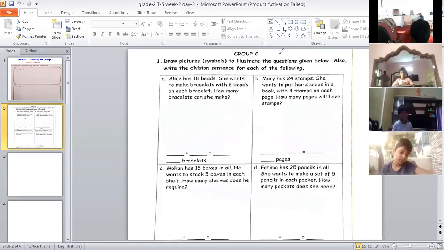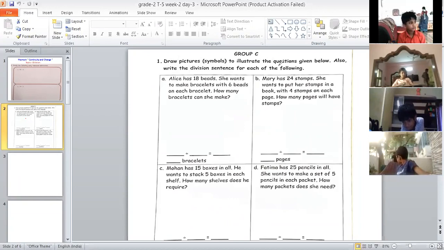So the question is, Alice has 18 beads. She wants to make bracelets with 6 beads on each bracelet. How many bracelets can she make? Now, 18 beads are there. I hope you all know what beads are, like we have necklaces made up of beads also, right?